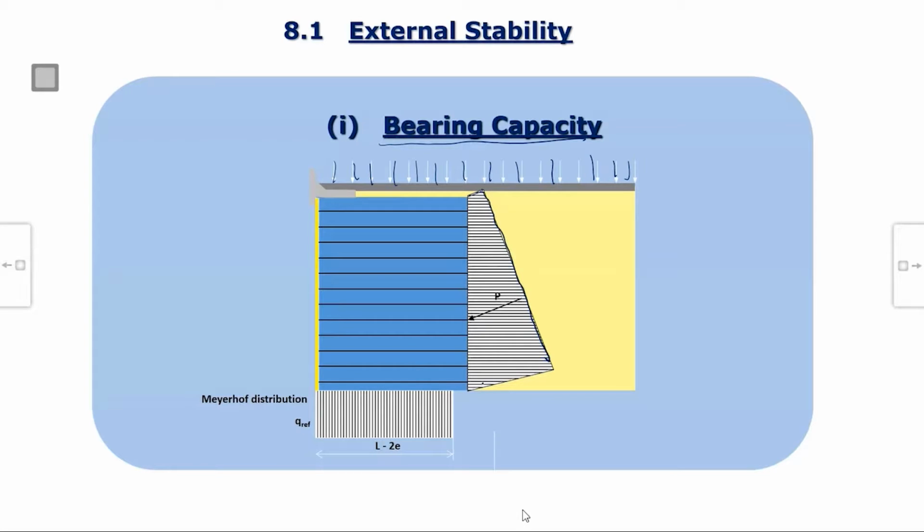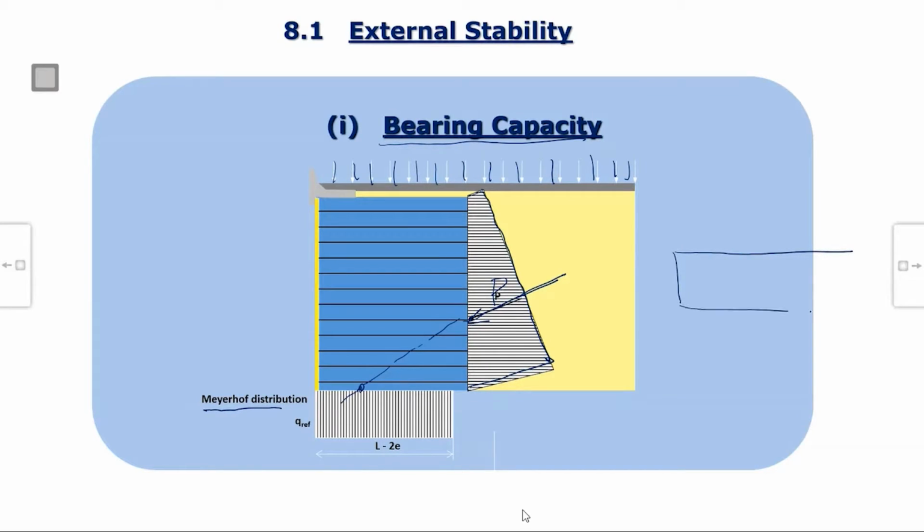So this will be the shape of my earth pressure diagram, and let us say this is my resultant force P. This resultant force will pass through my base, and you must have heard about Meyerhof distribution in soils.